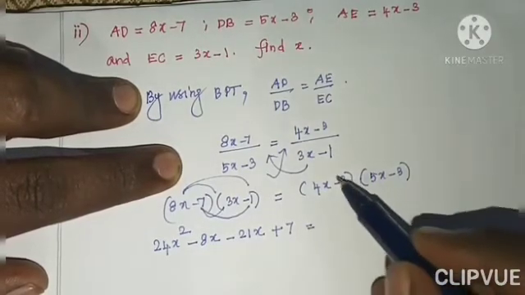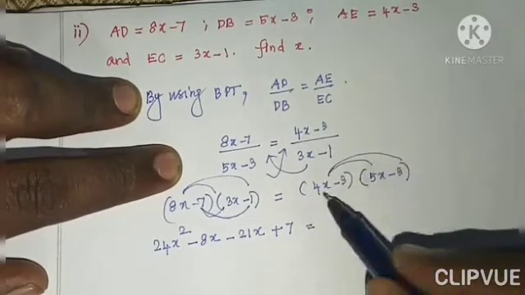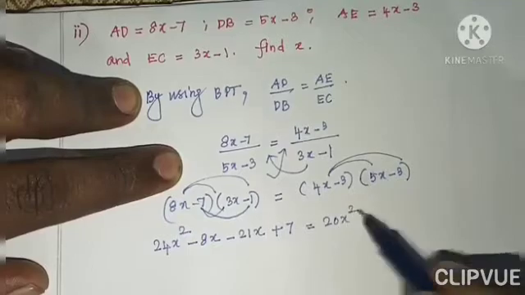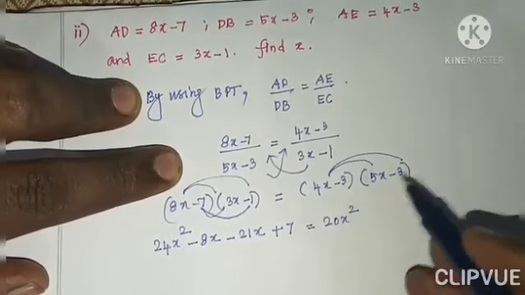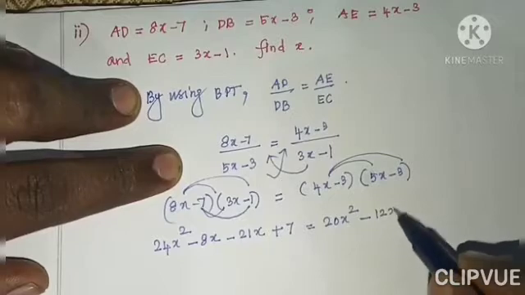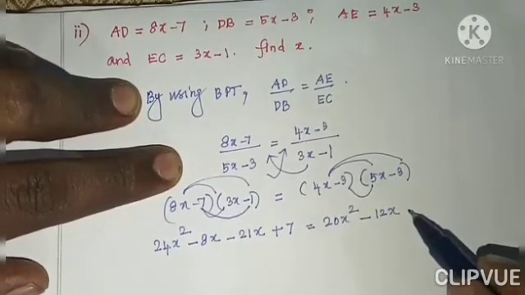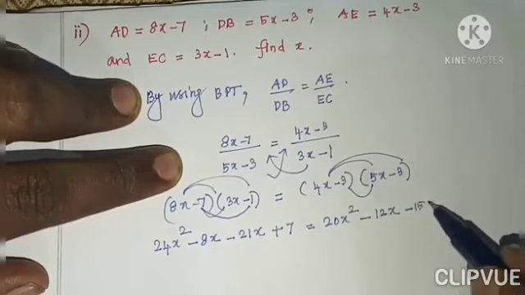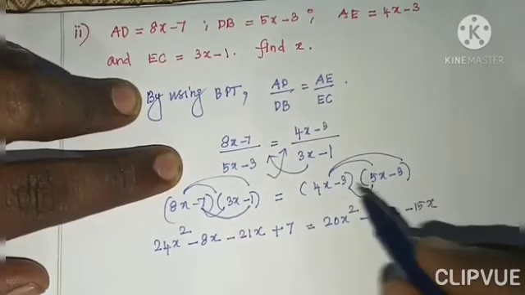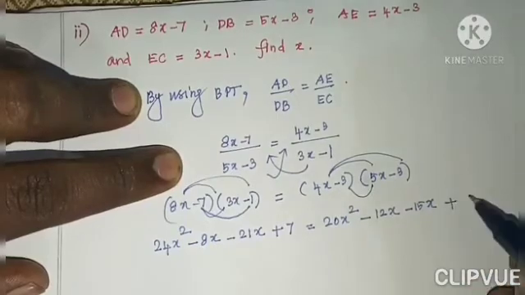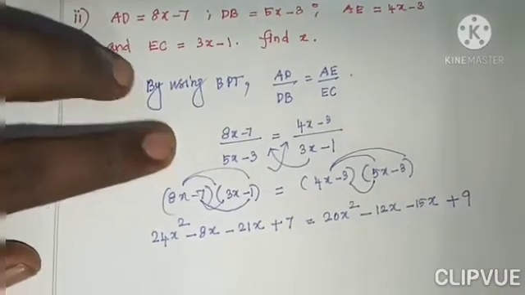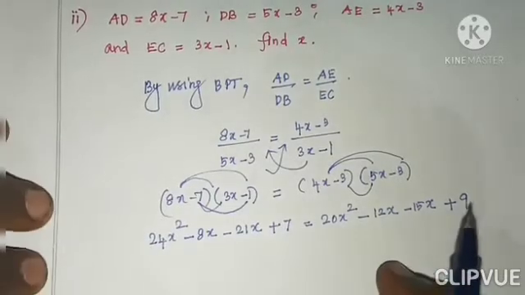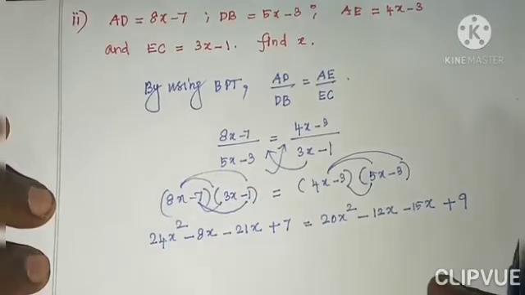On the right side, 4 into 5, 20, x square, so 20x square. Next 4x into minus 3, minus 12x. Minus 3 into 5x, minus 15x. Minus into minus plus, 3 into 3, 9. Now I am going to take all the terms to either the left hand side or the right hand side.